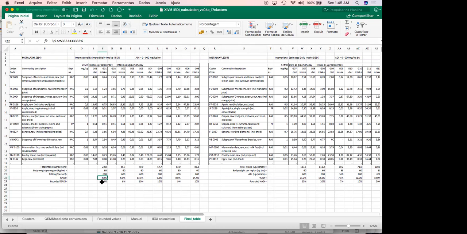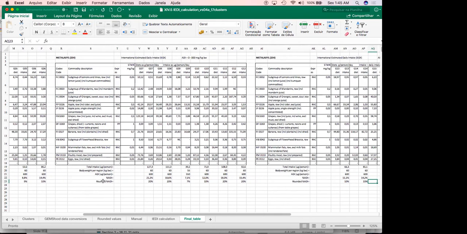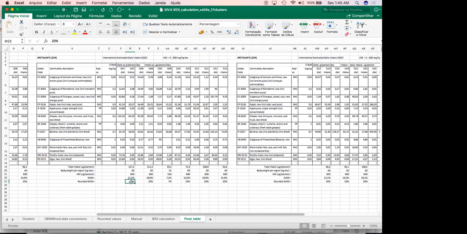What you don't want to see here is a percentage of the ADI higher than 100%. So for this completely theoretical example that I have here, the percentage of the ADI ranged from 6 to, what was the highest percent of the ADI? 20 here for cluster 7.